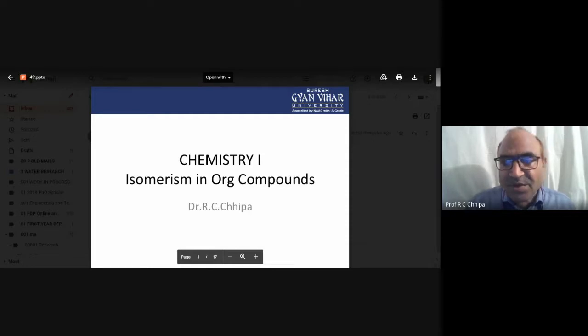Now, carbon single bond carbon is what we call saturation, so we call it a saturated hydrocarbon, where sigma bonds are present.